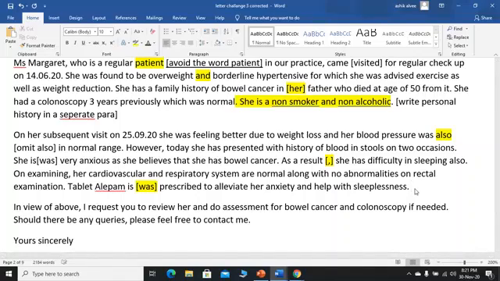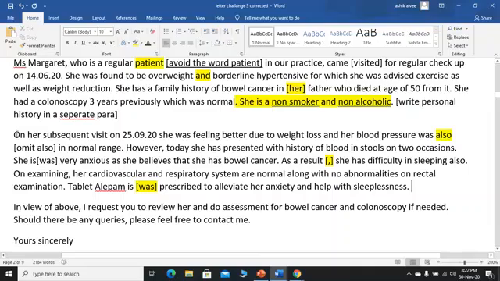Like in here, you can write, "Please note she is a non-smoker and non-alcoholic." So if the personal history has only one significant point, you add this in the para before conclusion, at the end of the para, like, "Please note she is a non-smoker and non-alcoholic."